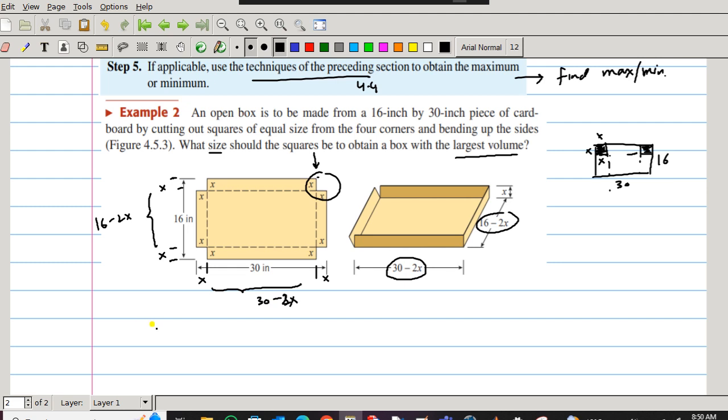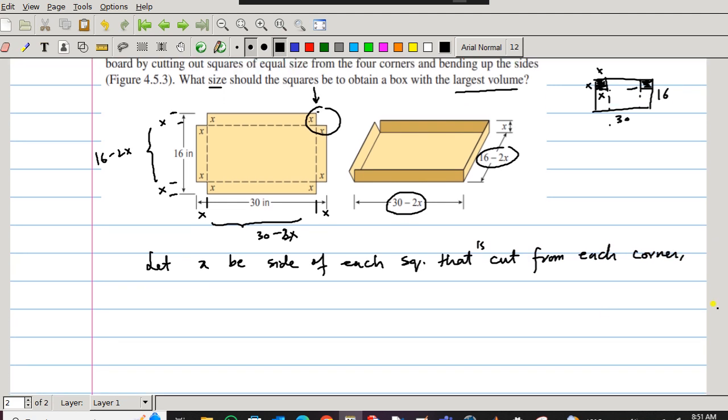So if I let x be the side of each square that is cut from each corner, then the dimensions of the box, length, width and height, are what?